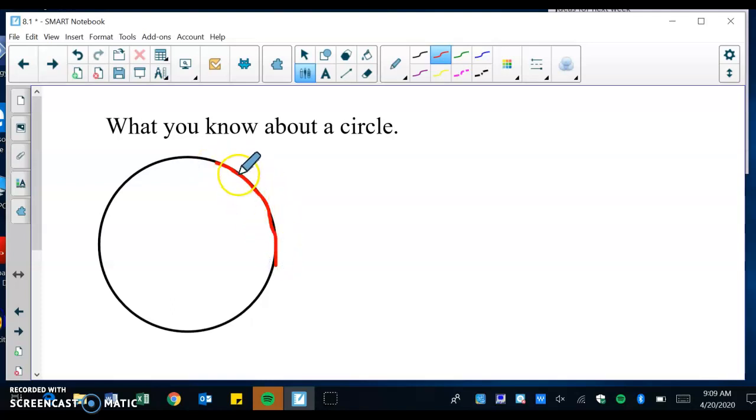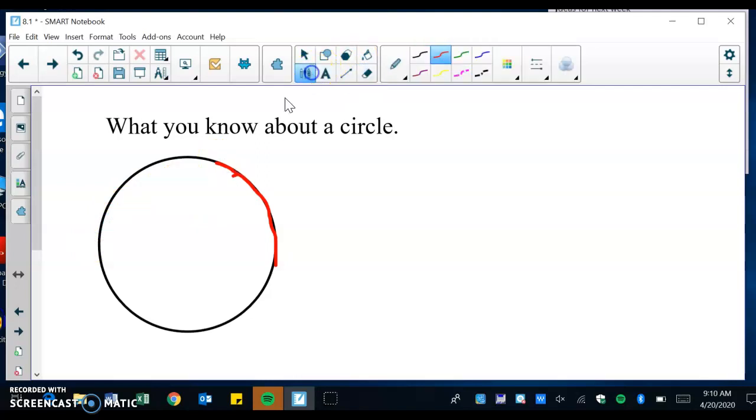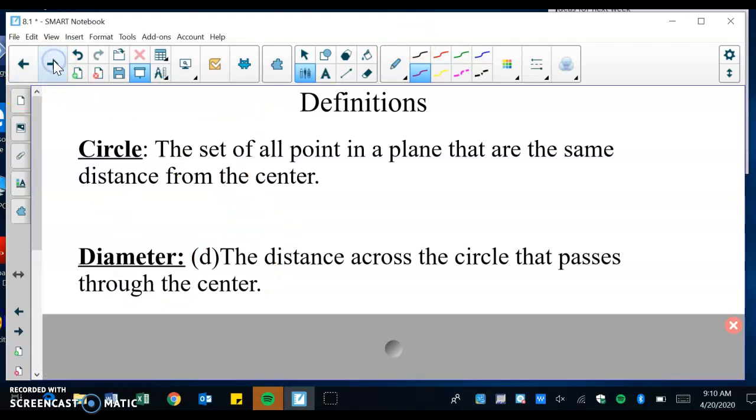From one side to another is called the diameter. Let's make sure the diameter goes through about the center of the circle. Then the radius is half of that, so let's do the radius in purple, half of that. And then the distance around it is called the circumference.